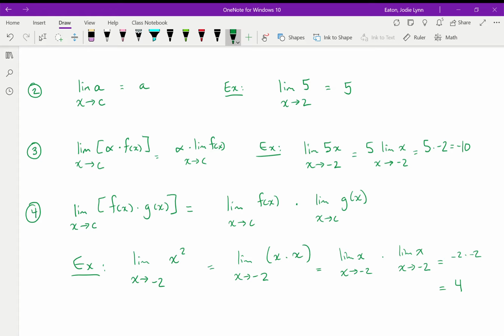And so as you can see, this rule actually allows us to generalize limits to powers.